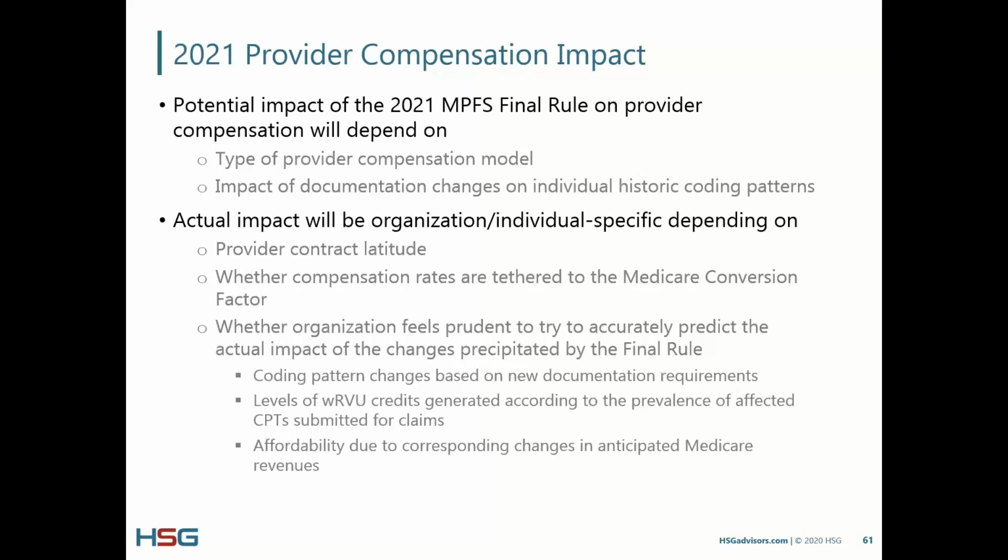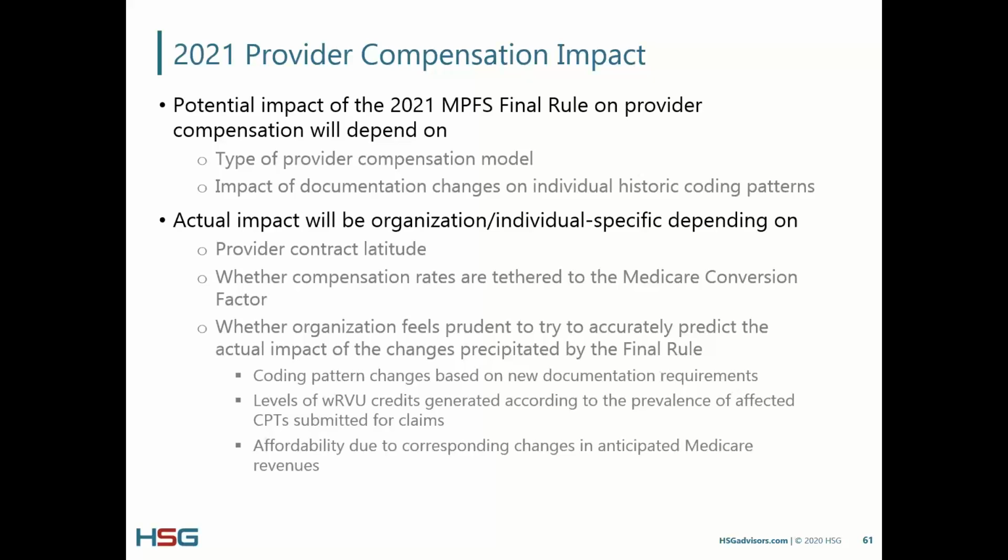So for those individuals, there's no latitude, and it's going to be a direct impact. There are other clients that we've encountered where the compensation rates are tethered directly to the Medicare conversion factor. And that's the example I gave. I'm sorry, I got a little bit ahead of myself.